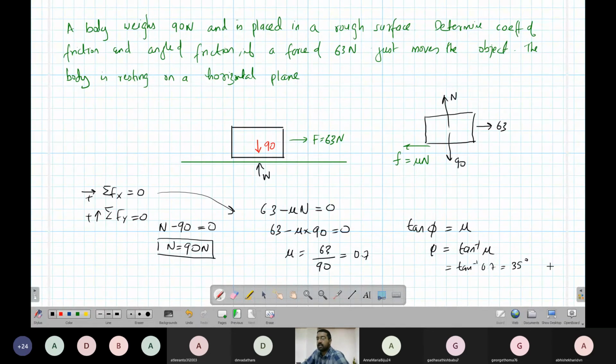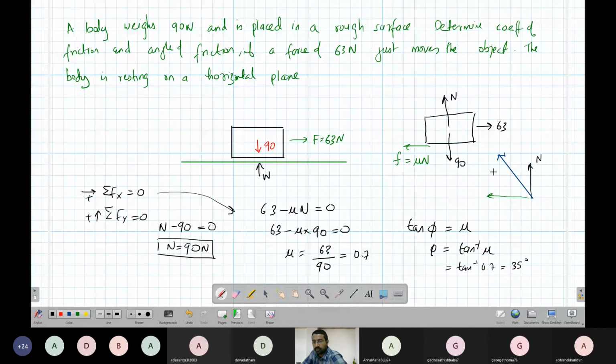So the normal force and the friction force, we can find the resultant also, but it is not required.